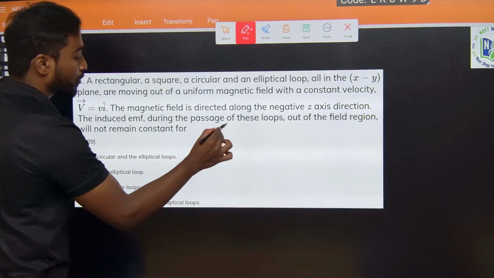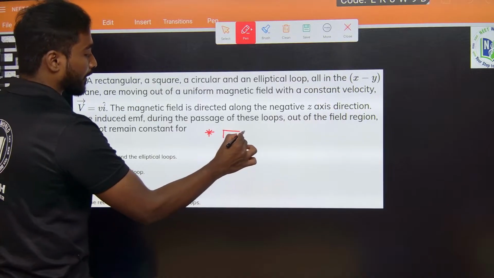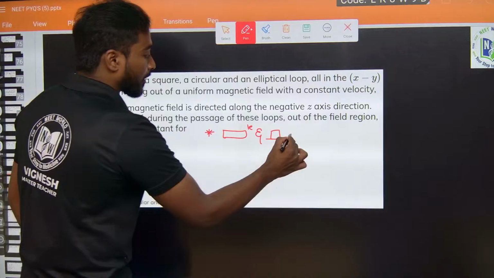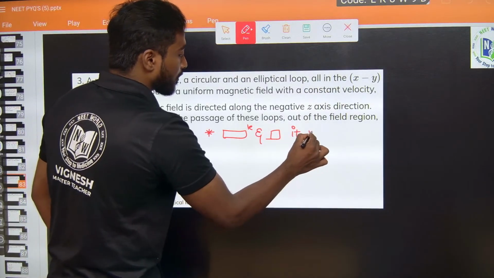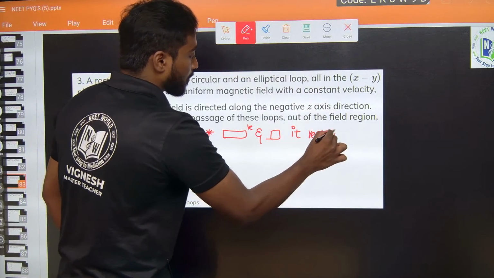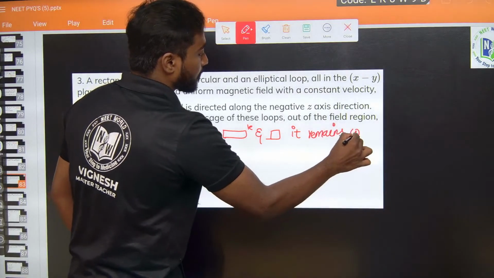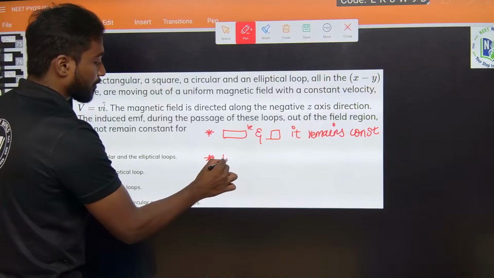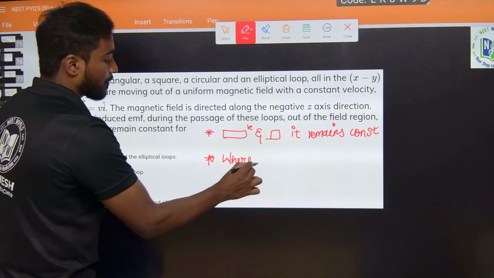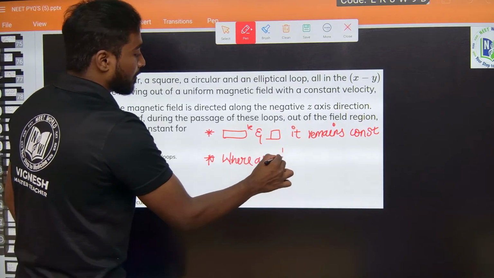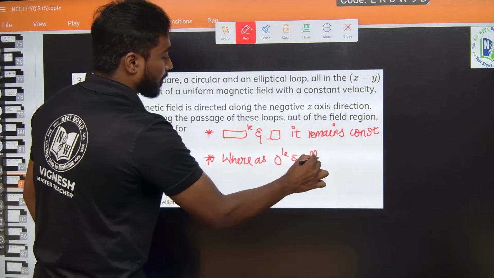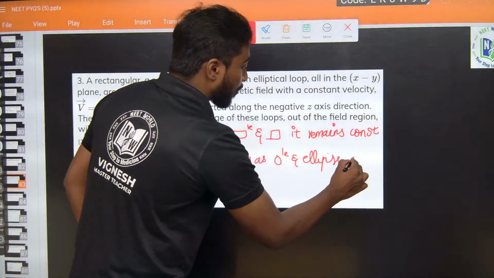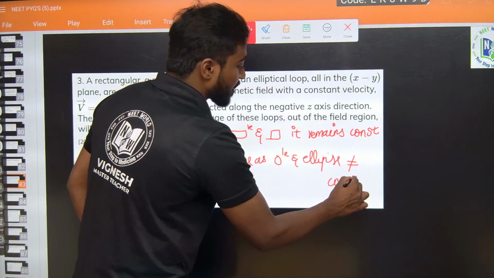First point you need to know is, for rectangle and square, it remains constant, whereas for circle and ellipse, it is not constant, it changes.